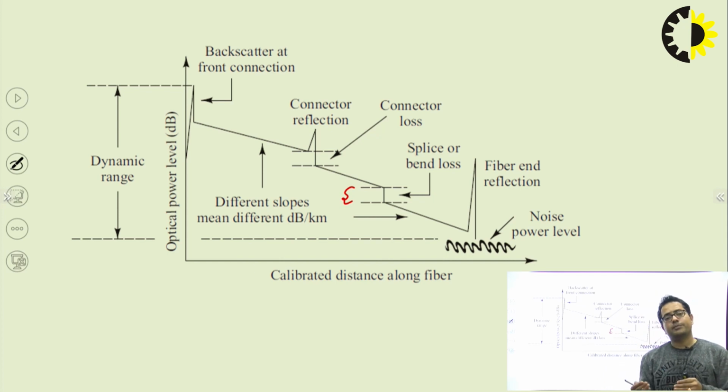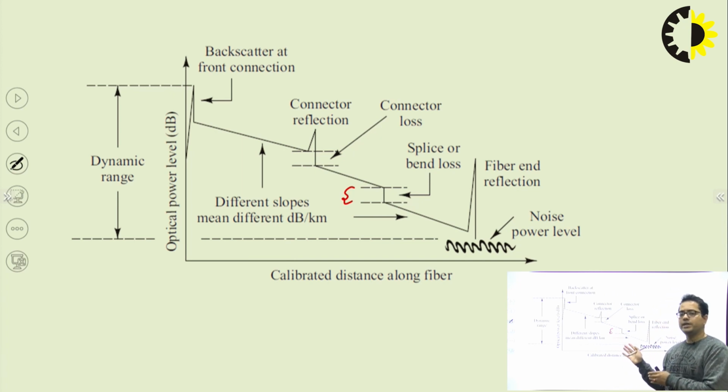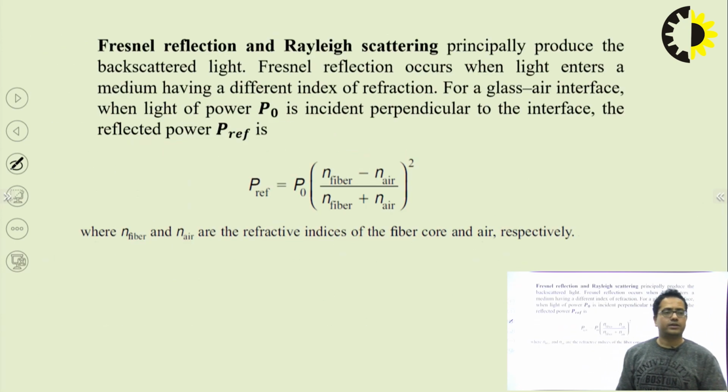Because of that bend, if you have gone beyond the safe limit of the radius of curvature of the fiber, then definitely some power will move into the clad region. That also leads to some loss, which is called bend loss. All these losses can easily be measured by the optical time domain reflectometer.